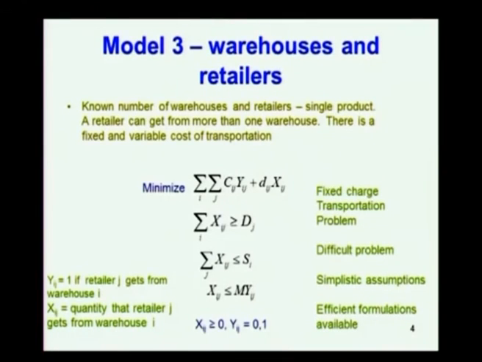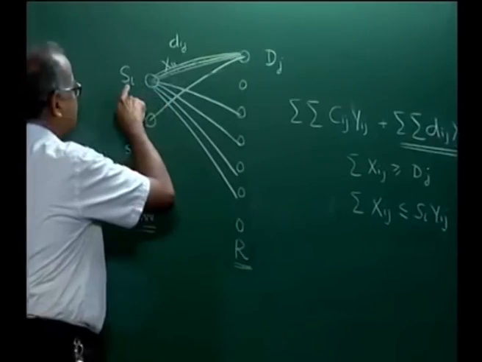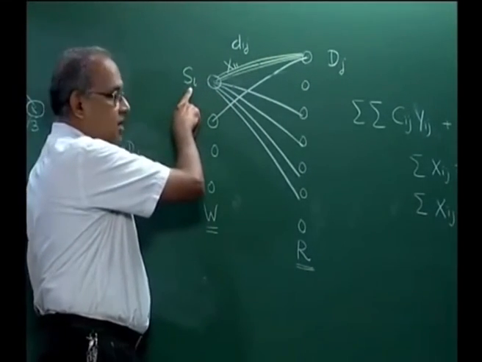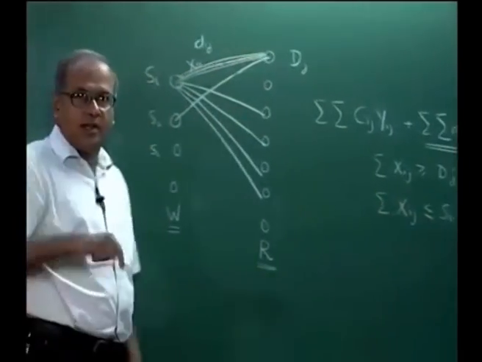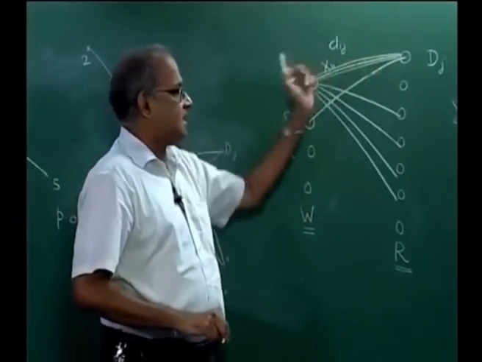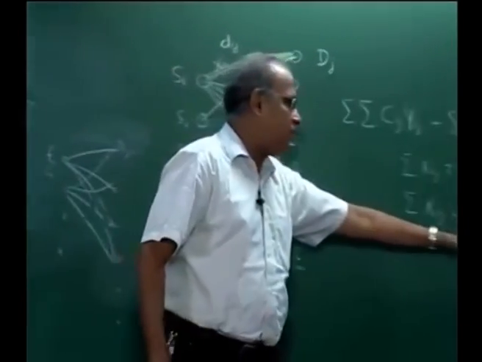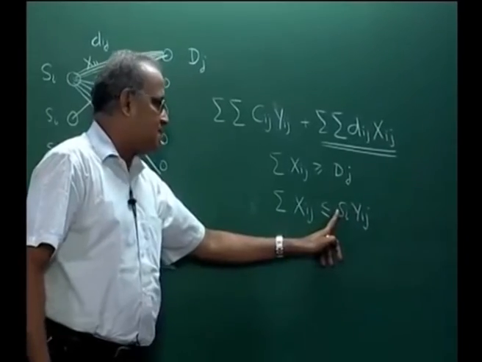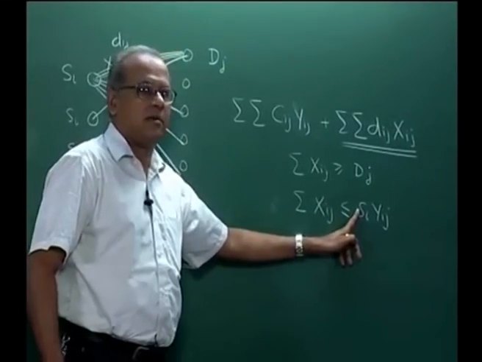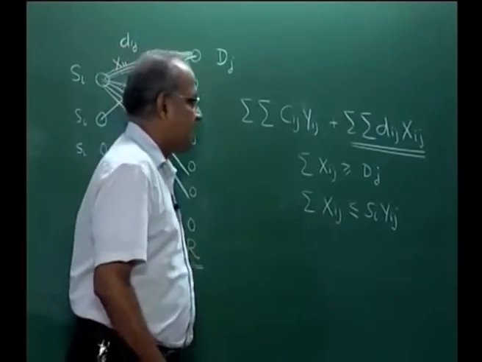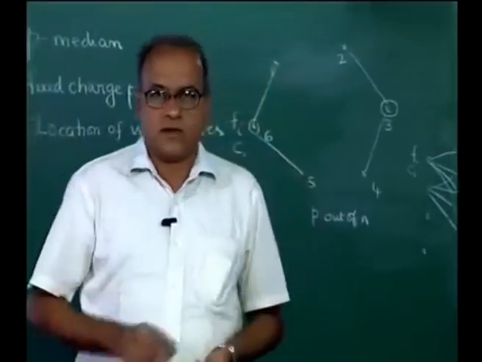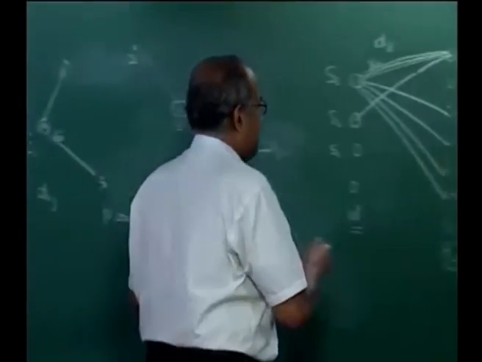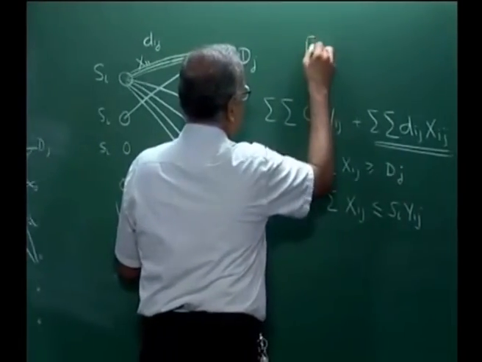They can be brought together into a single constraint, which will say that this supply or capacity of Si is available to meet the requirement of a j partly, only when we choose the route ij. So, only if Yij is 1, this in whole or part is available for this. So, this is the constraint. Yij will be binary and Xij will be a quantity. So, this is called fixed charge transportation problem.